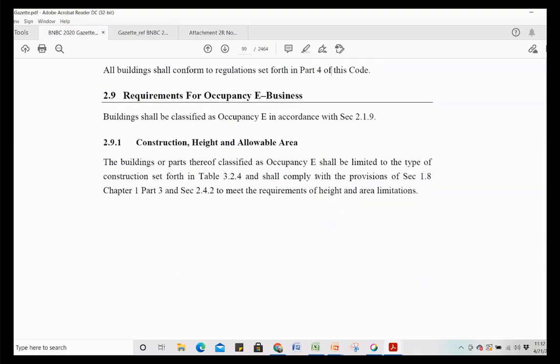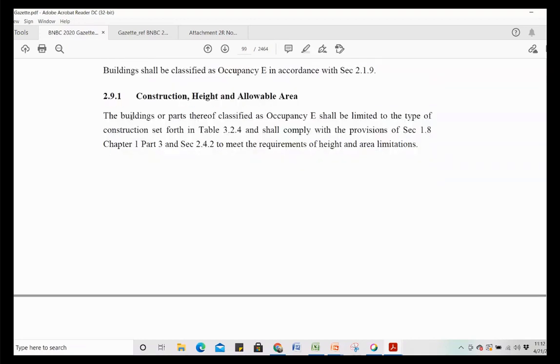For business occupancy, again the reference points are similar: table 3.2.1, section 1.8 of chapter 1 part 3, section 2.4.2 of this particular chapter.